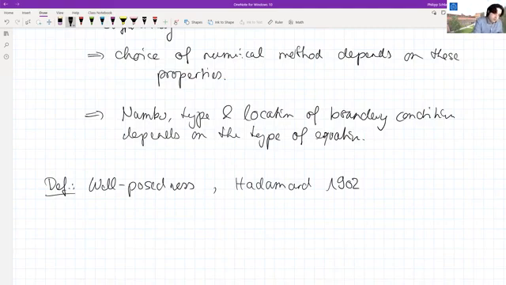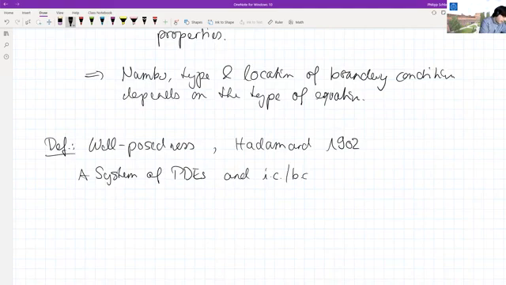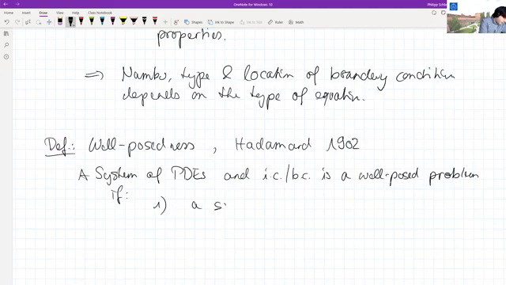So this goes back to Hadamard, and it's actually a very simple definition. And it's as follows. A system of partial differential equations together with their initial conditions and boundary conditions constitute a well-posed problem if, and there's essentially three conditions: A, or one, if there is a solution, so if a solution exists.